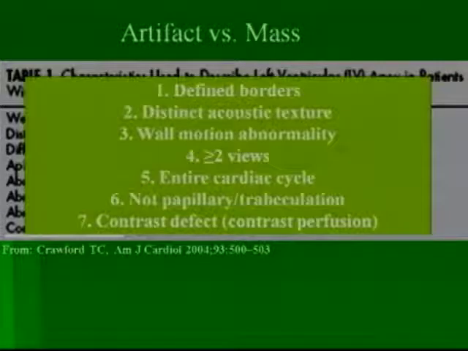Just to distill it for you: if it has defined borders, if it has a distinct acoustic texture, if there's an associated wall motion abnormality, if it's present in greater than 2 views, if it's present throughout the entire cardiac cycle, and if you can pretty reliably say that it's not a papillary structure or trabeculation, and then of course if you administer echocardiographic contrast to light up the ventricular cavity and it shows an area of defect, this might be consistent, or is more consistent, with an actual mass, be it thrombus or tumor, rather than an artifact.